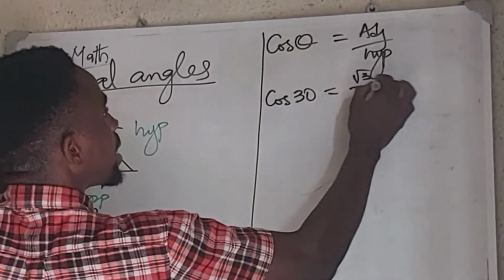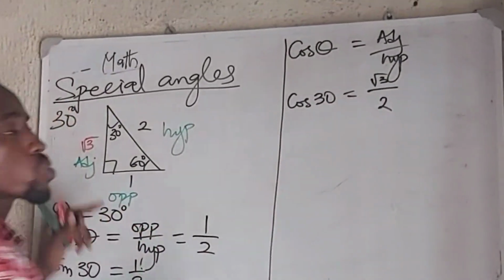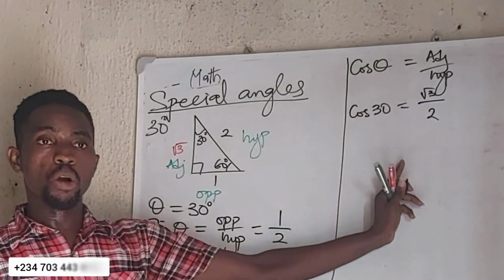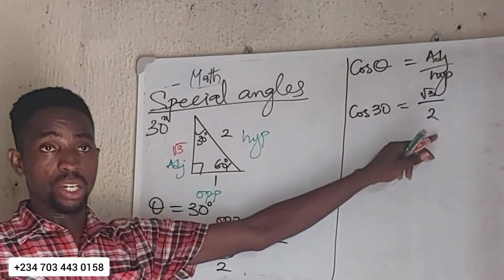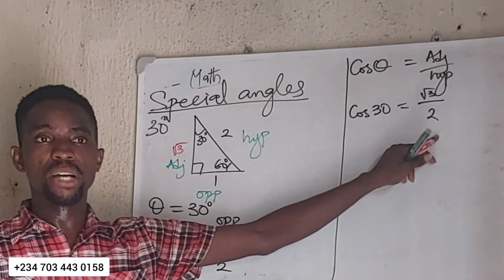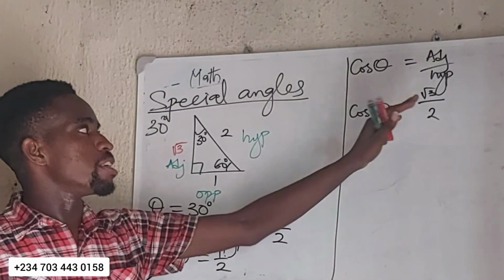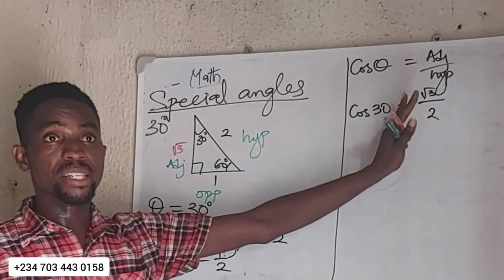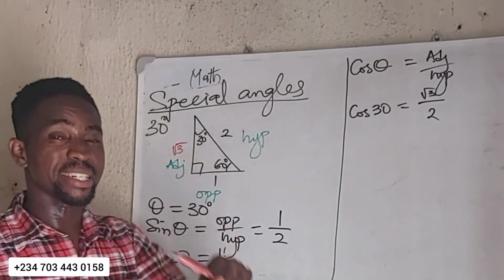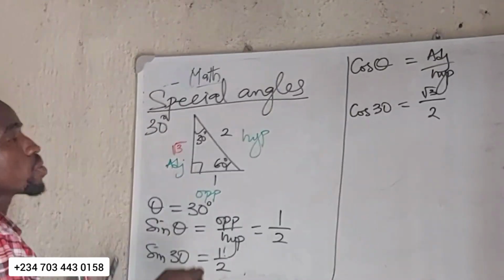Root 3. And then our hypotenuse is 2. So cos 30 is root 3 upon 2. If you punch root 3 upon 2 in your calculator, you are going to get 0.8660, and it continues. And if you punch cos 30 in your calculator, you still get 0.8660. Make sure that your angle is measured in degrees. Your calculator is placed in degrees for you to get the accurate value.